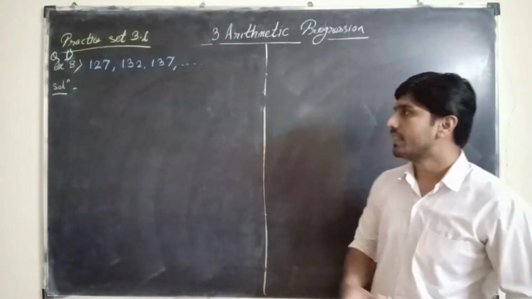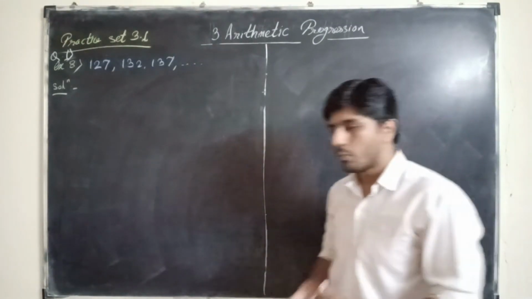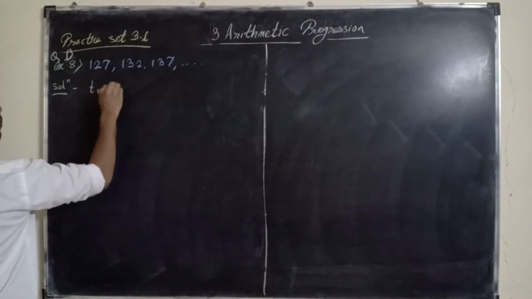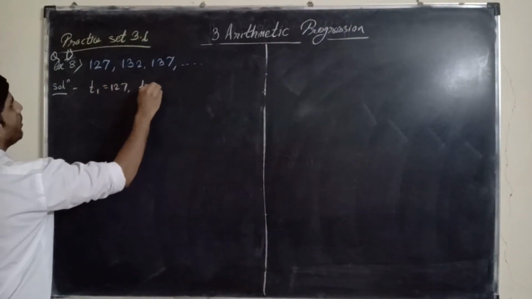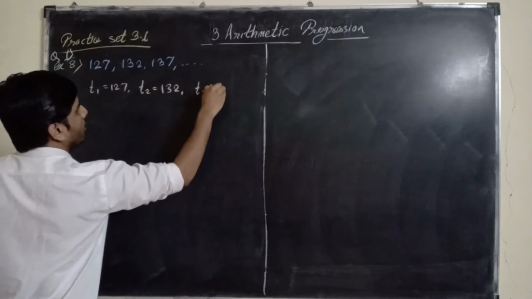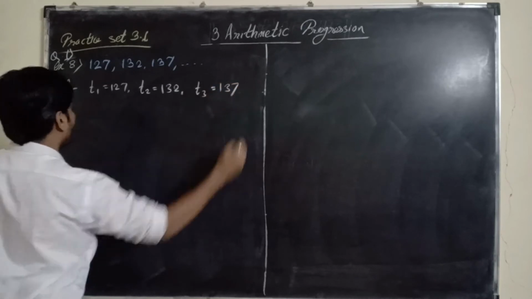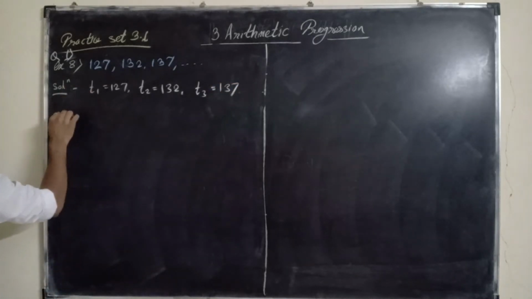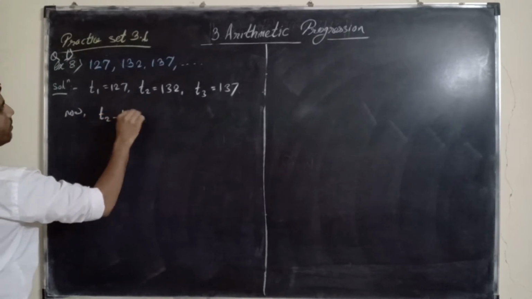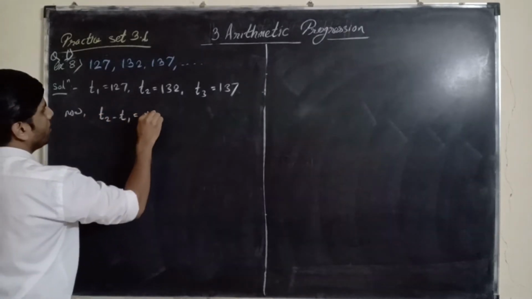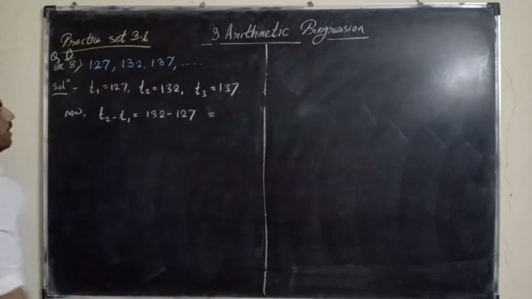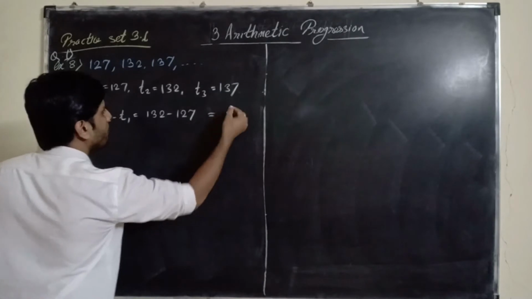Now we'll solve the last example, that is 8 from question number 1. Again here T1 is 127, T2 is 132 and T3 is 137. Now we'll find T2 minus T1, which is equal to 132 minus 127, and the difference is 5.